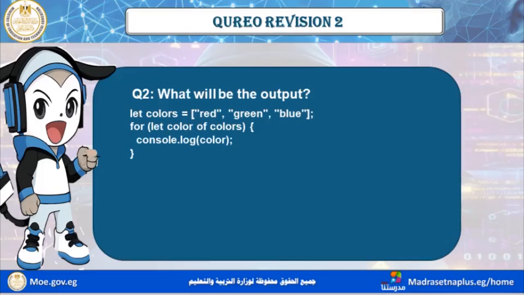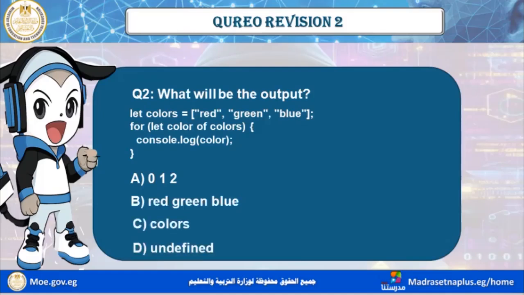So we have a variable color which will access the array and print each item one by one. The output will be 0, 1, 2, red, green, blue, colors undefined. Of course, the items of an array in order, I want to print their values, so it will definitely be red, green, blue, or item B.